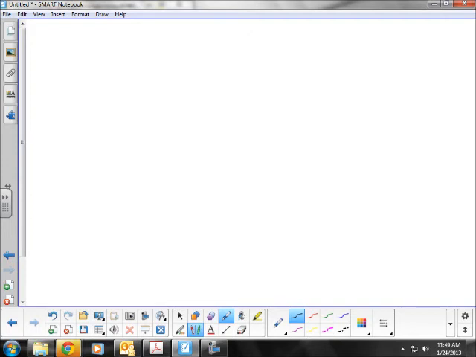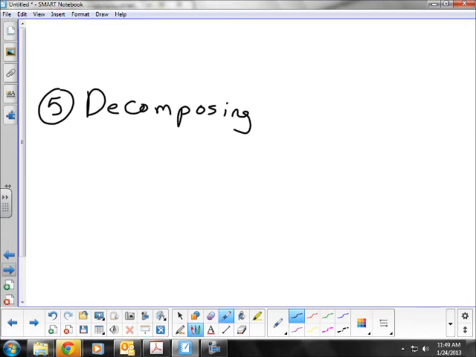All right, there's one last thing. The objective 5 is on decomposing functions. Decomposing functions just means I'm working backwards.